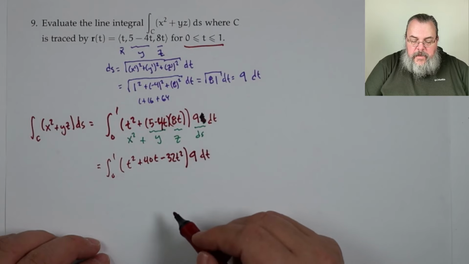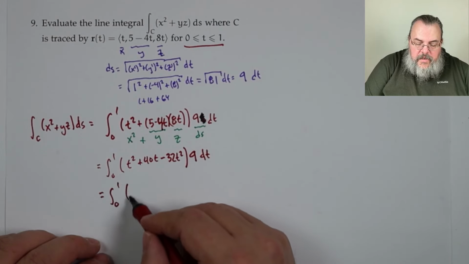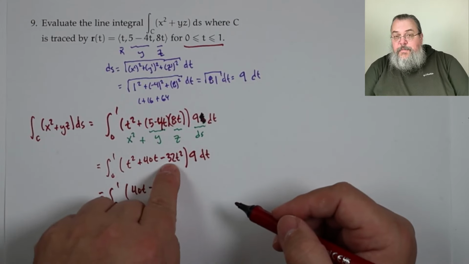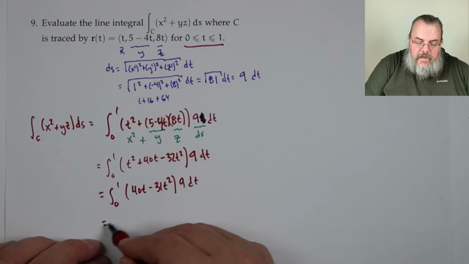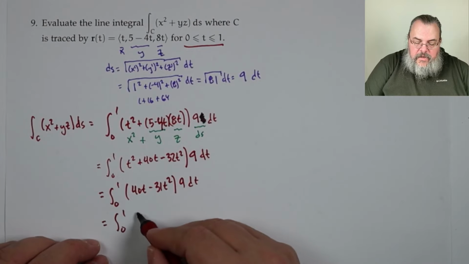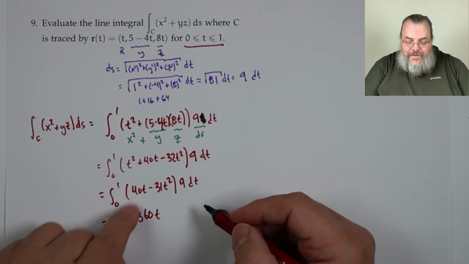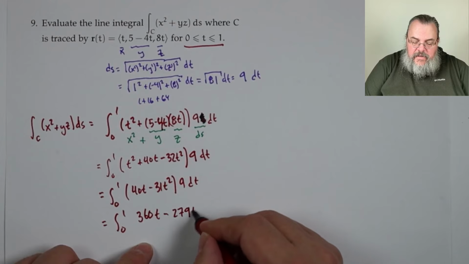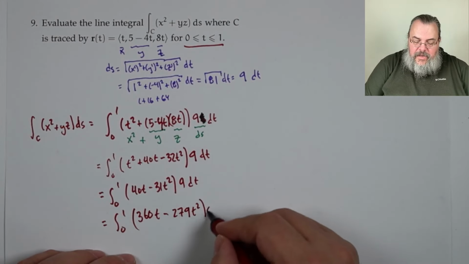That becomes the integral from 0 to 1 of 40t minus 31t squared, because t squared minus 32t squared, times 9. Or that is the integral from 0 to 1 of 360t, since 40 times 9 is 360, minus 279t squared, since 9 times 31 is 279, dt.